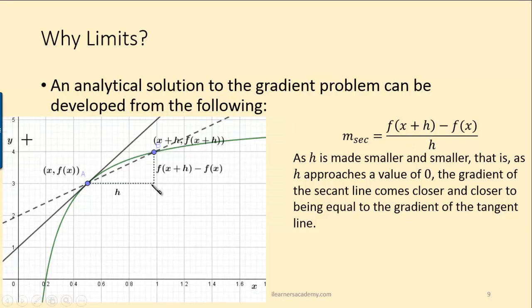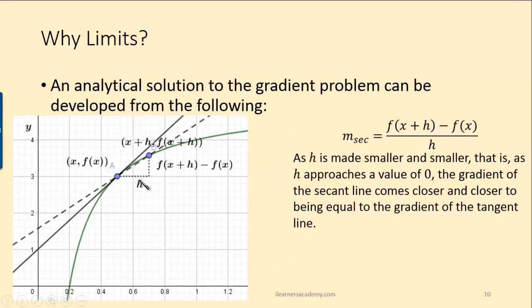So we see that here. I've made h a little bit smaller, and notice the gradient of this line is getting closer to the gradient of this line. And I make it smaller yet, and the gradient of this line is getting closer and closer to the gradient of this line. So as you can imagine, when h is a very small number like 0.00000000001, this dotted line will, for all practical purposes, be right on top of this solid line.